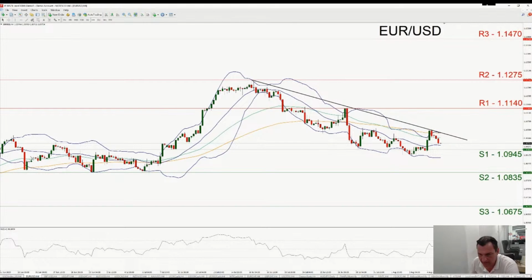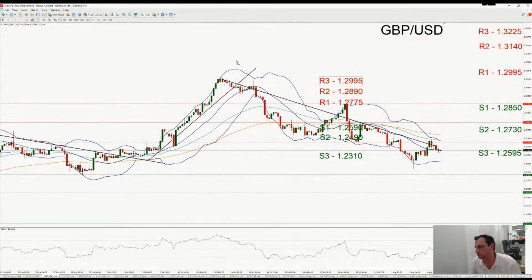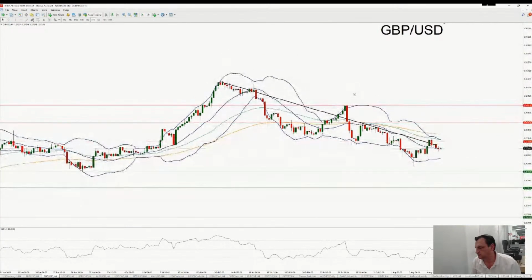Okay, let's have a look now at GBP USD. Once again, let's clear the chart. That's better. Let's restart setting labels.